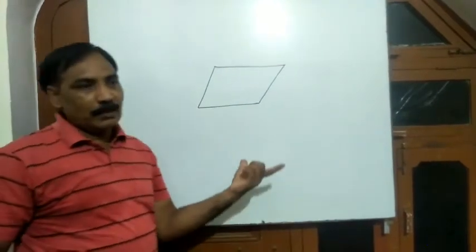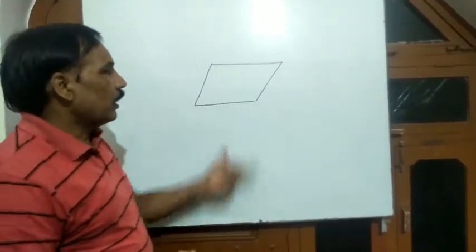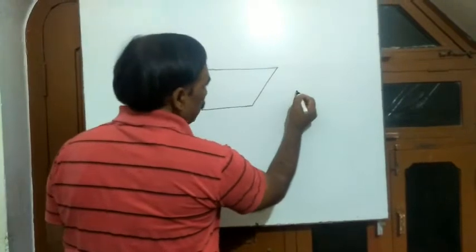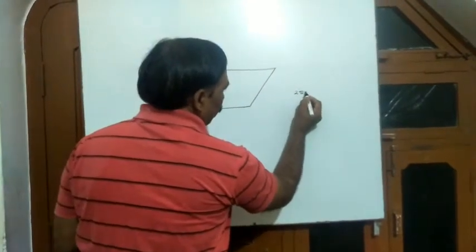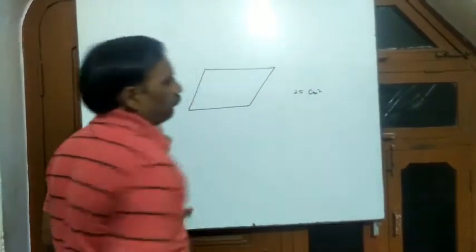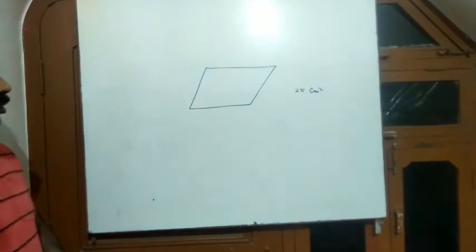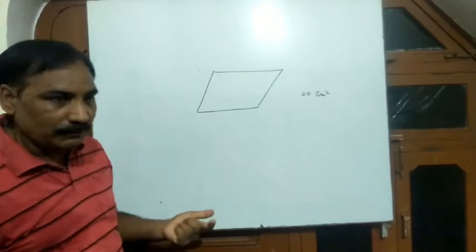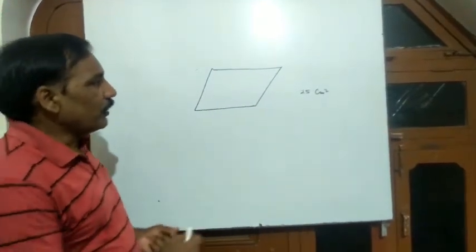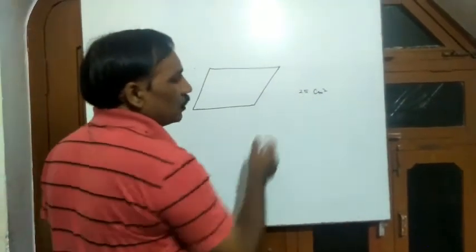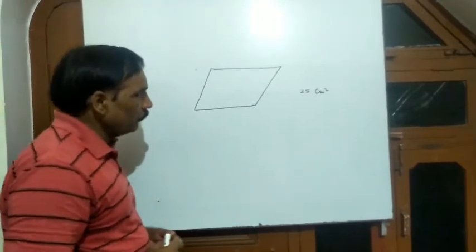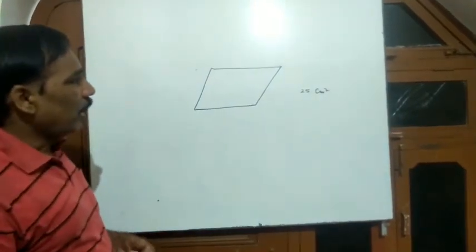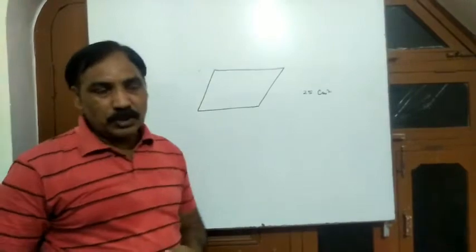It will have some area. Suppose the area of this parallelogram is 25 centimeter square. So, what will be the magnitude of the area vector? The magnitude of the area vector will be equal to this 25. And what will be the direction?